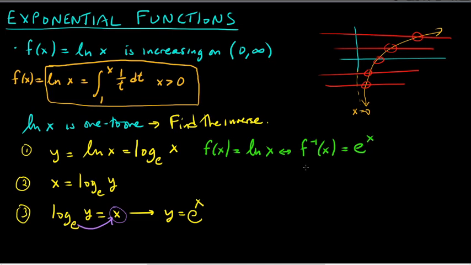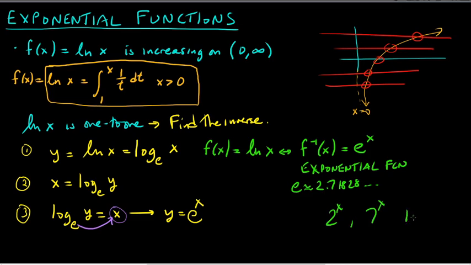Okay, so this is our generic exponential function. And if you remember, this e here is approximately 2.71828. I think we talked about that, right? So that's just the base of the natural exponential function. Now, what happens if you have just 2 to the x, or 7 to the x, or 10 to the x?